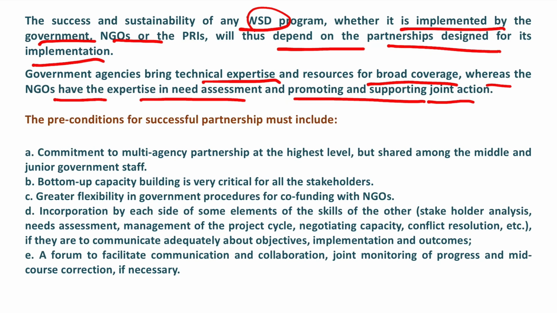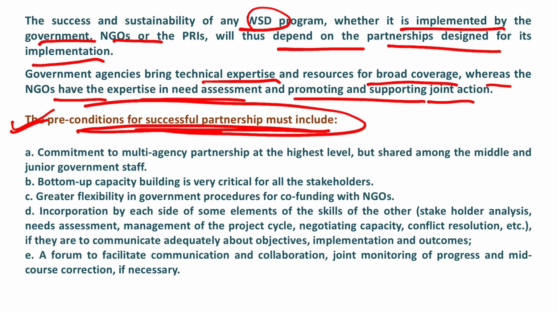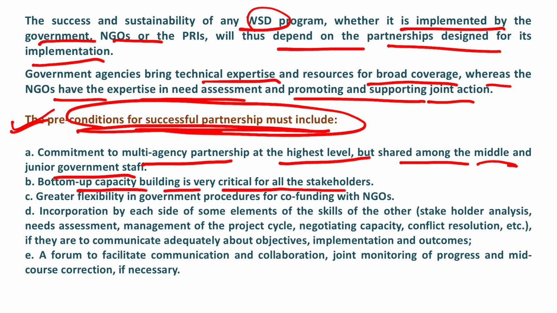The preconditions for successful partnership must include the following. What are the preconditions for successful partnership in watershed implementation? Commitment to multi-agency partnership at the highest level, but shared among the middle and junior government staff. Bottom-up capacity building is very critical for stakeholders. Greater flexibility in government procedures for co-funding with NGOs.